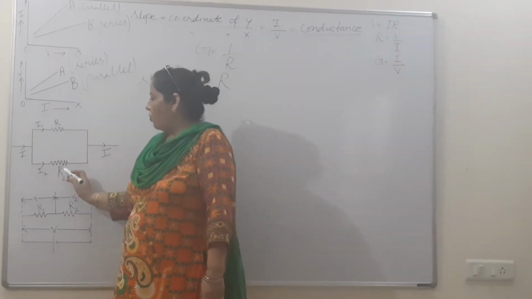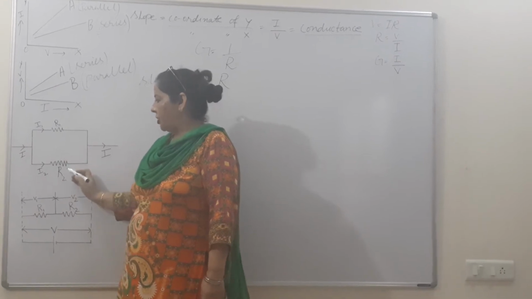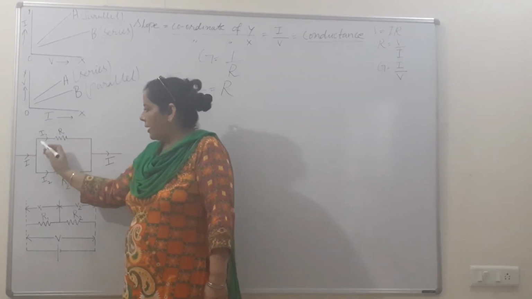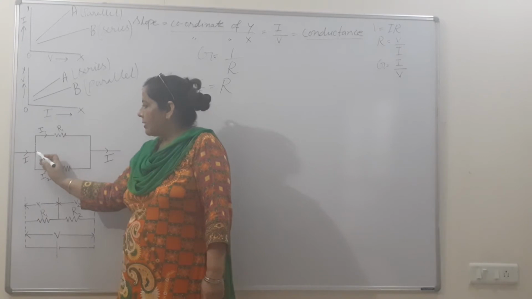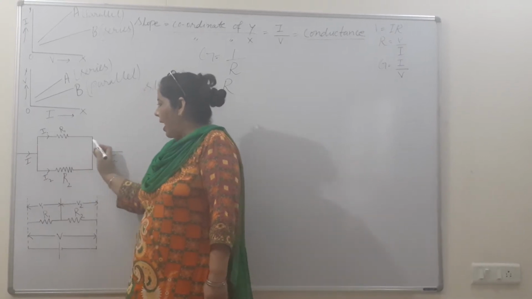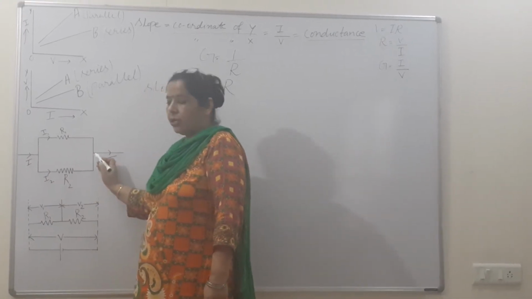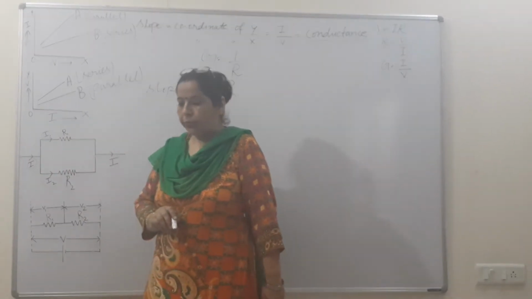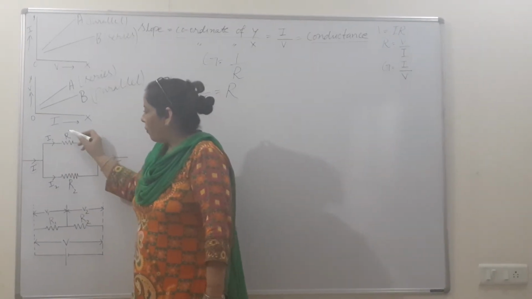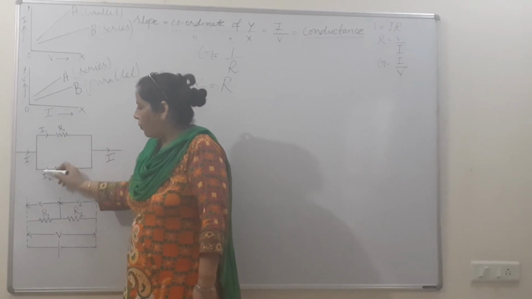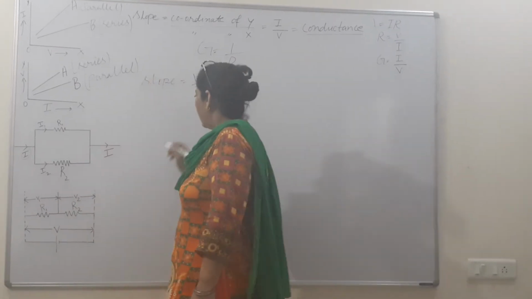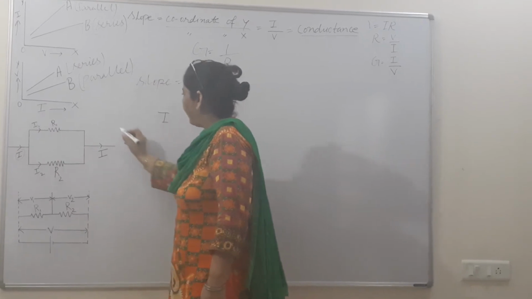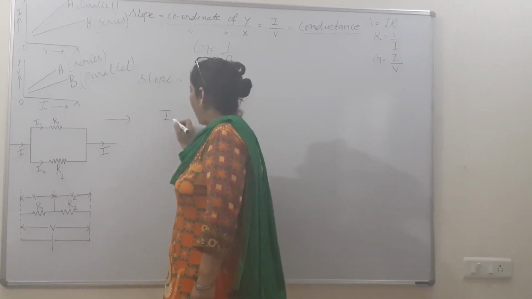Suppose two resistors are arranged in parallel. Parallel means one end of each is attached commonly and the other end of each is attached commonly. Suppose the value of I is given to you. Suppose the values of R1 and R2 are given to you. Then, beta, how will you find the value of I1 from here?